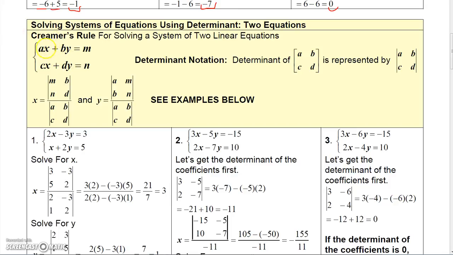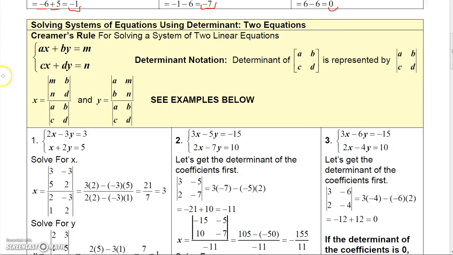Okay, so Cramer's rule is a method that uses determinants in order to solve a system of linear equations. Now, when you see these vertical bars right here, this just means we're going to get the determinant of the matrix.